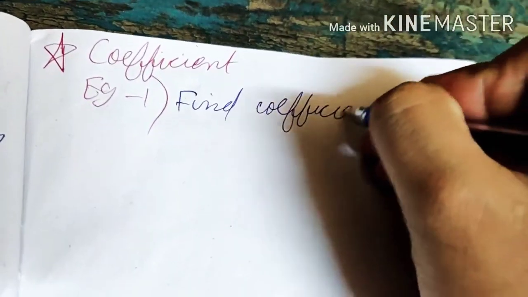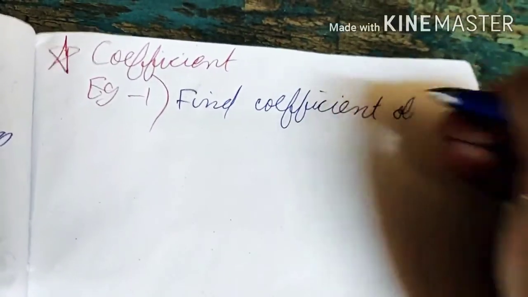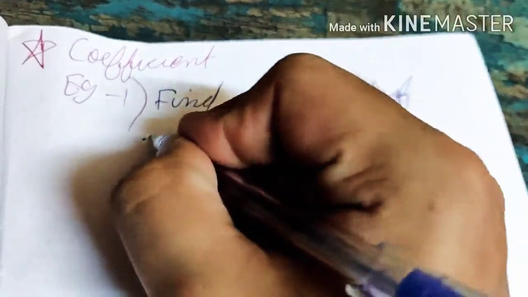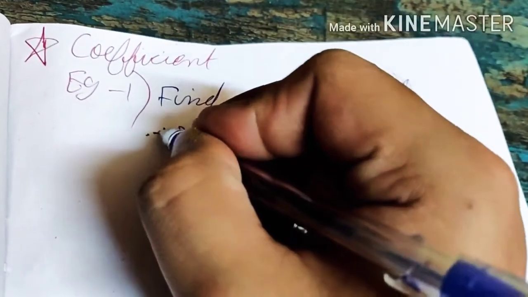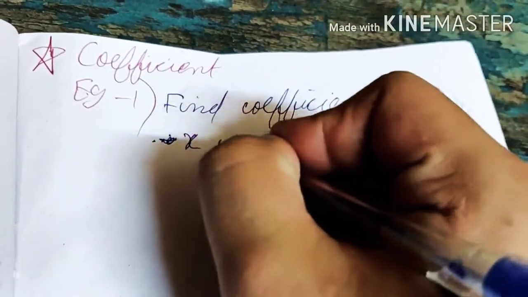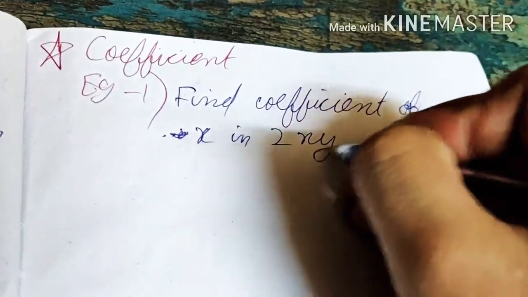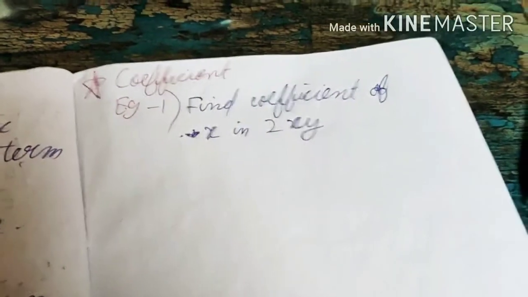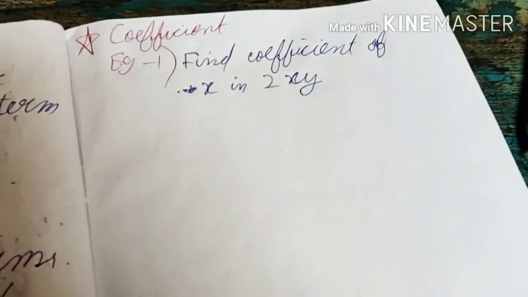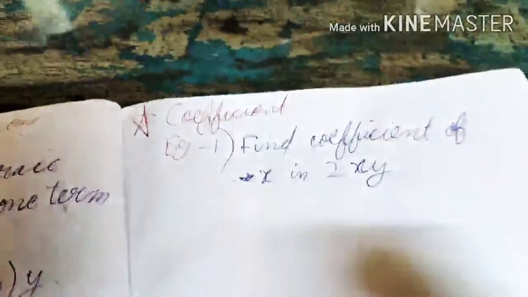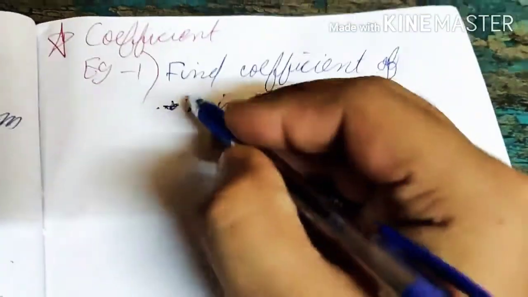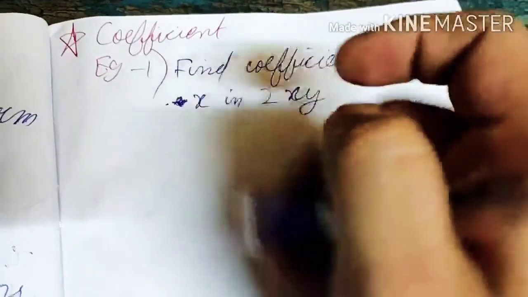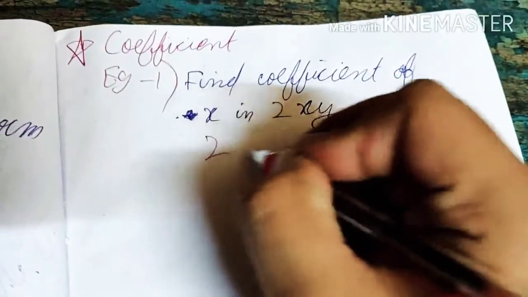coefficient of x in 2xy. What does this mean? We have to write the term that does not have this x in it. That is, x will be removed from the given term, and what are we left with? We are left with 2y.